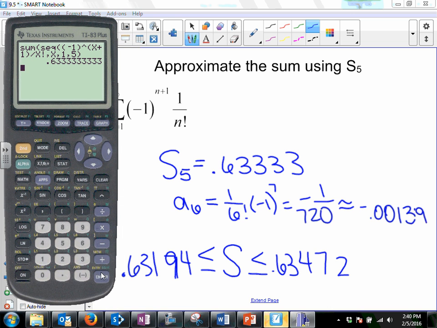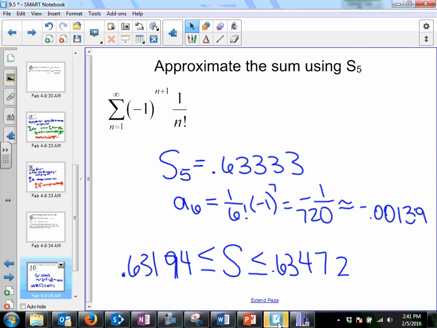So we know our sum is between those two numbers. We've approximated our sum to a little over the thousandths place. The more terms we add, the more accurate we're going to be.